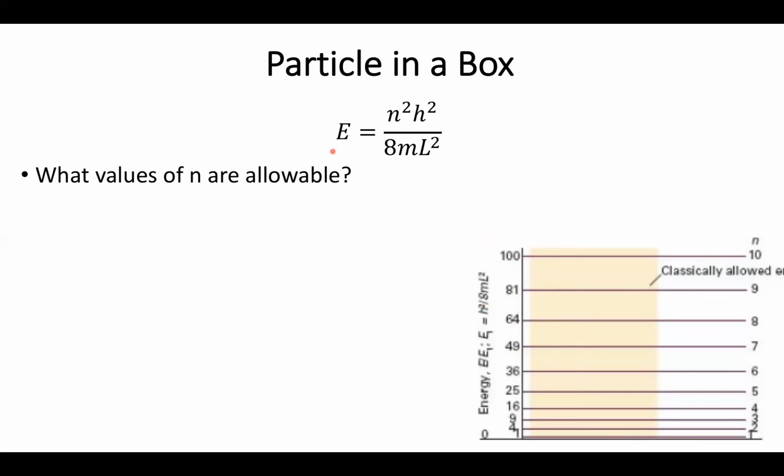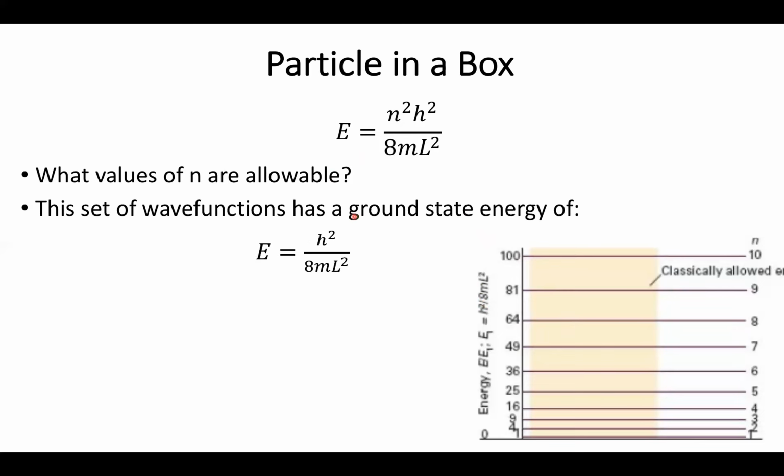We've already established that if I'm dealing with a particle like an electron, it always has to be in motion, so it always has to have some value of kinetic energy. So our lowest possible value is 1. This means that a particle in a box always has a ground state energy, some sort of intrinsic energy.